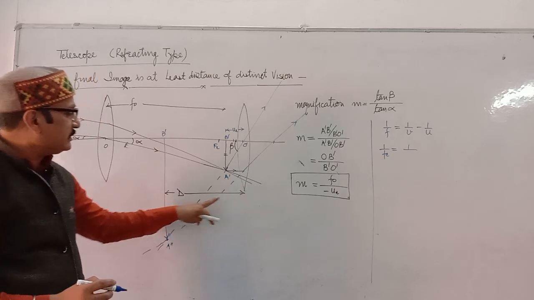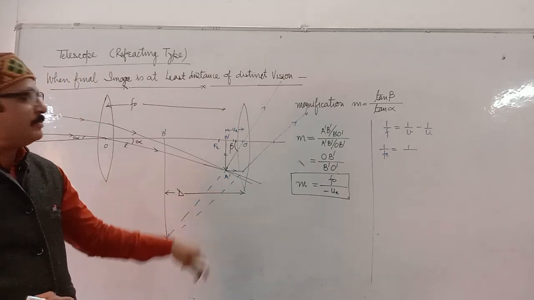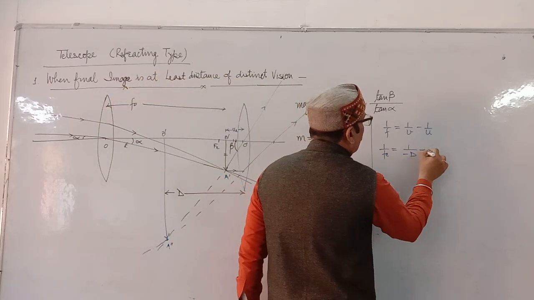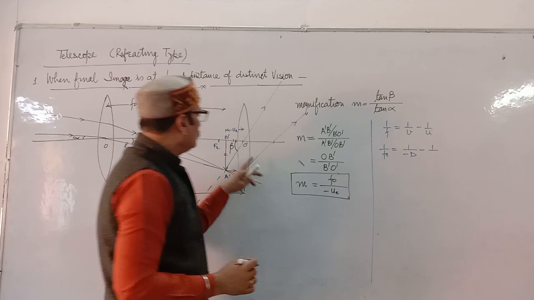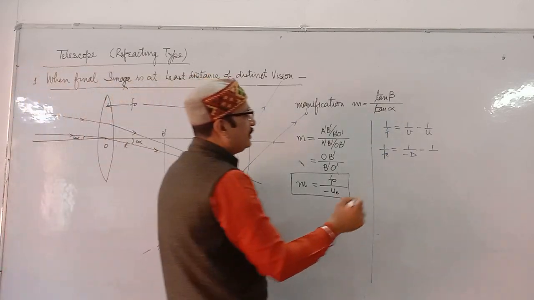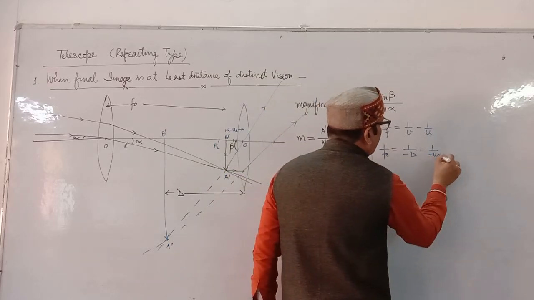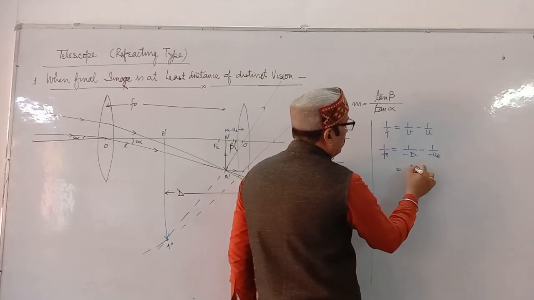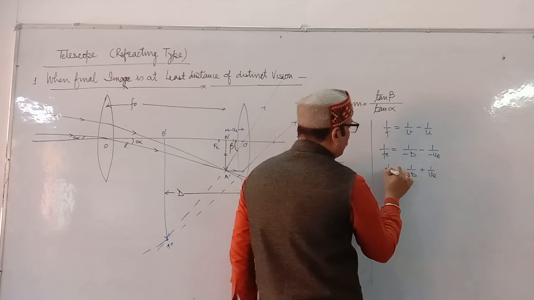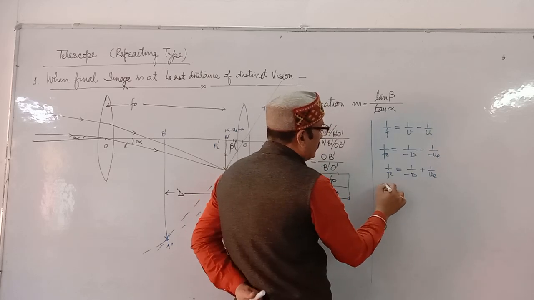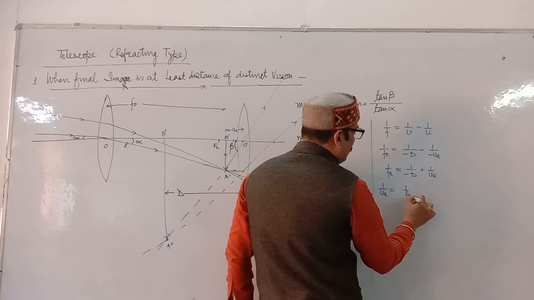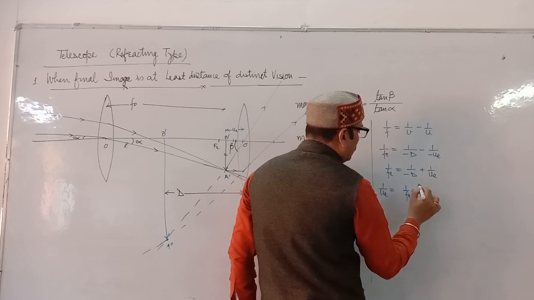Again the distance is taken against the direction of the incoming ray, so this will be minus D, minus 1 upon U. Again U is taken against the direction of incoming rays, therefore it will be minus UE, and if we solve it we get 1 upon minus D plus 1 upon UE. From here we get the value of 1 upon UE as 1 upon FE plus 1 upon D.